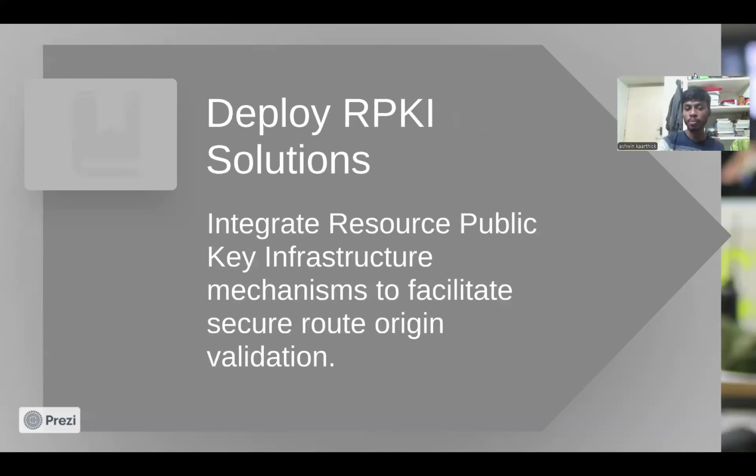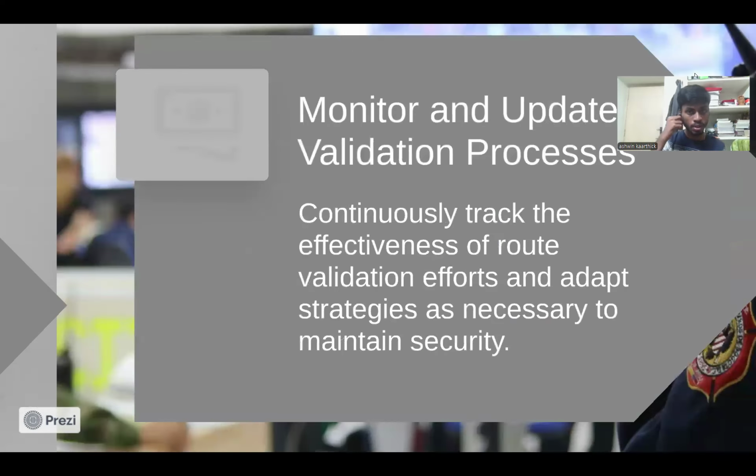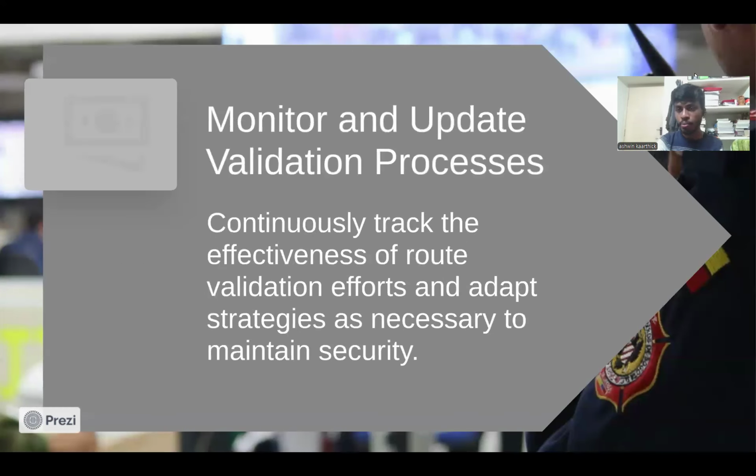Integrate the Resource Public Key Infrastructure mechanism to facilitate secure route origin validation. Monitor and update the validation process continuously, tracking the effectiveness of route validation efforts to adapt to changes and to maintain security.